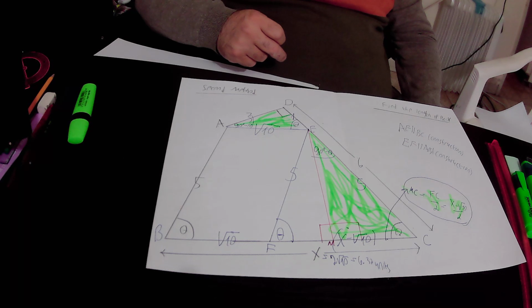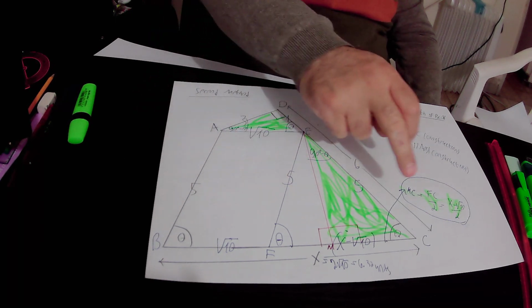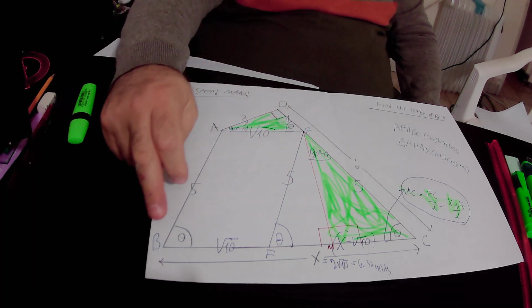This is the first construction, and then from point E, we draw a straight line on BC in such a way that EF will be parallel to AB.